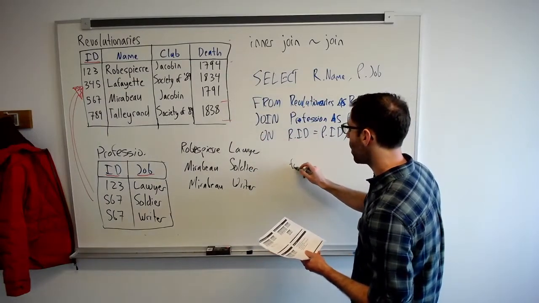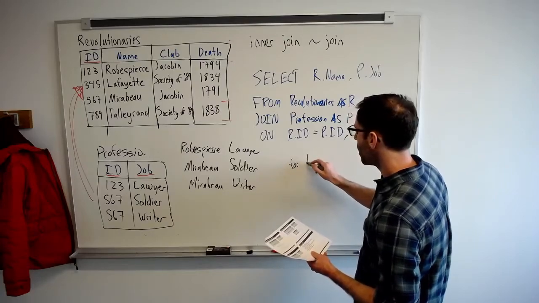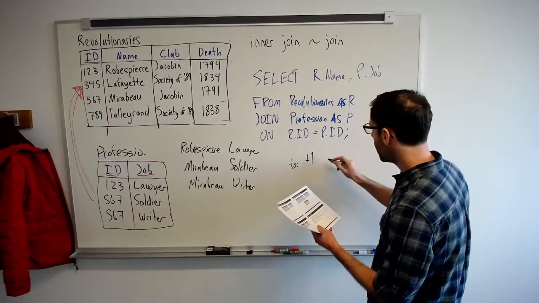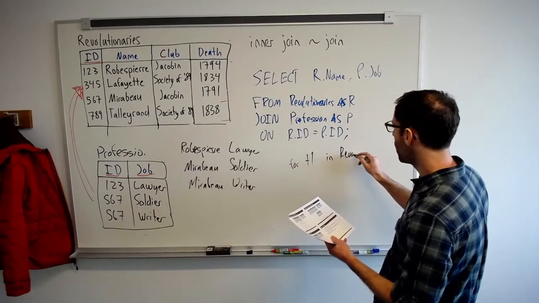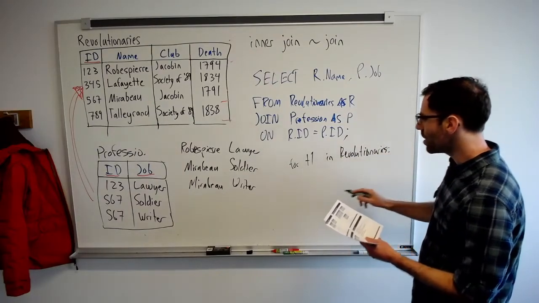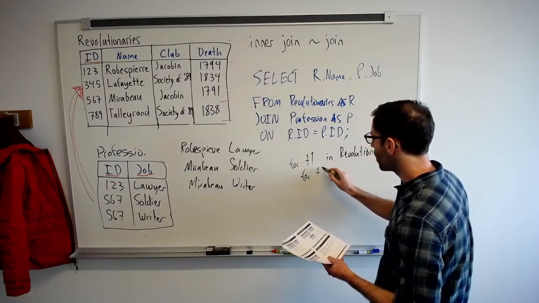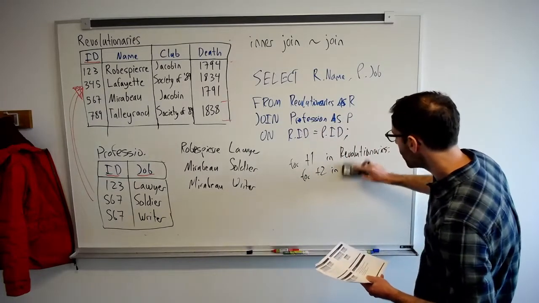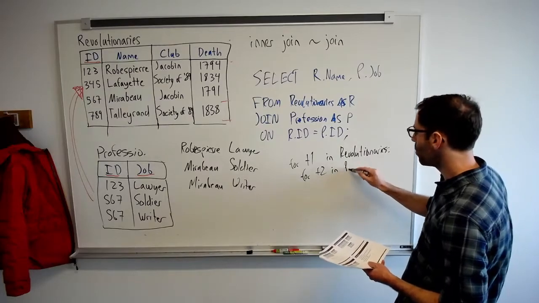So something like for T1 in our revolutionaries, and then for T2 in profession, we have our nested for loops.